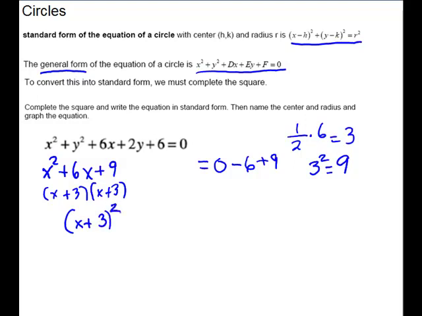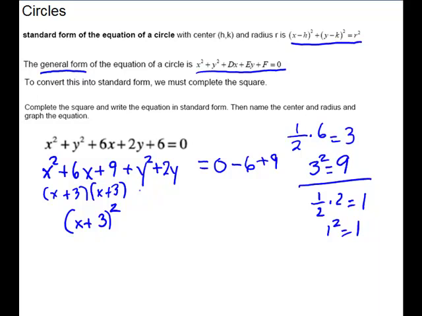Then I'm going to turn the y's into a perfect square. So I have y squared plus 2y, and I have to find my number to add. I'm going to take half of 2, which equals 1, square it, which is still 1, and that's what we're going to add to both sides.